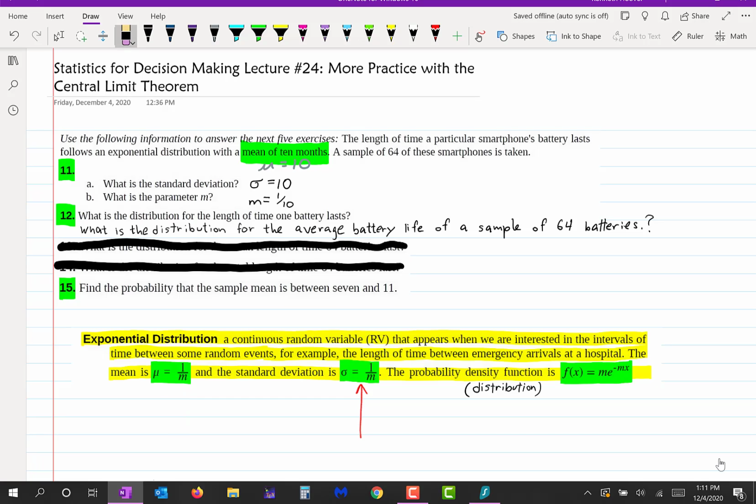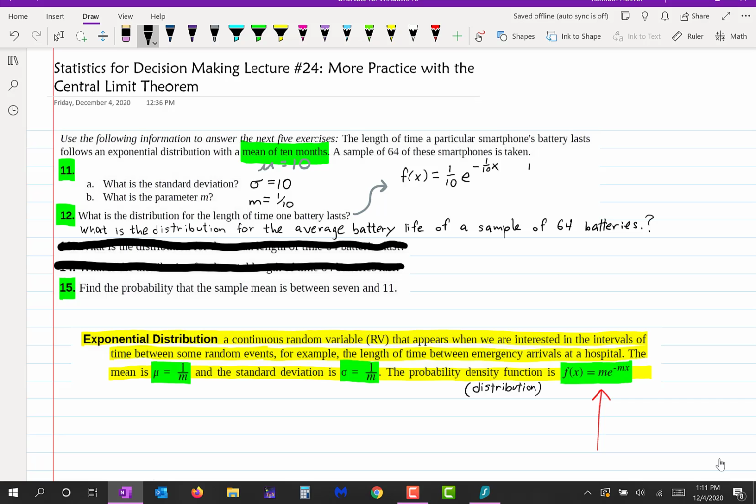Okay, that's right here, given to us right here. Okay, the answer is f of x equals 1/10 e to the negative 1/10 x.